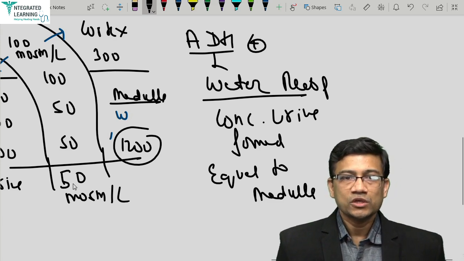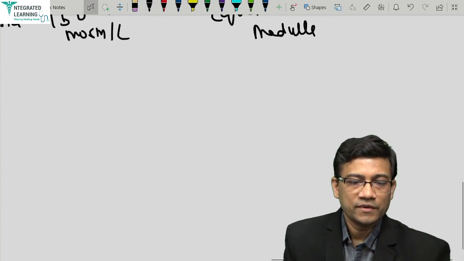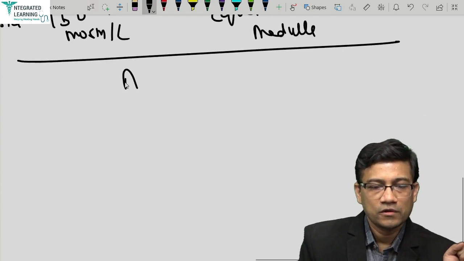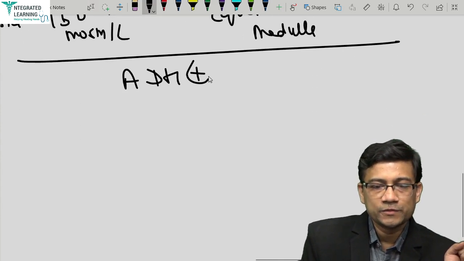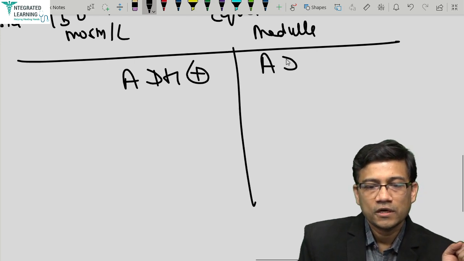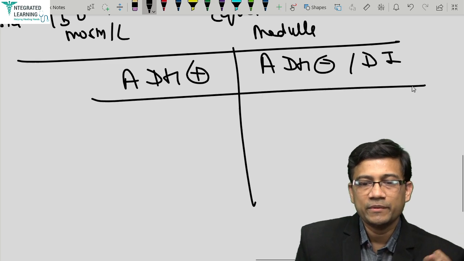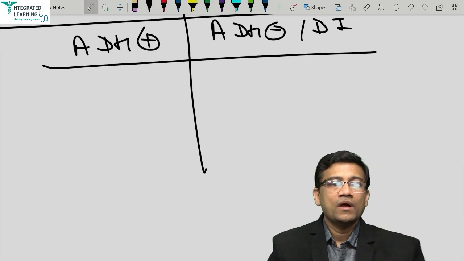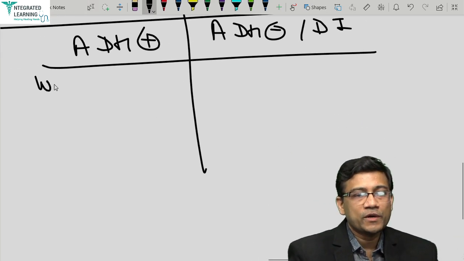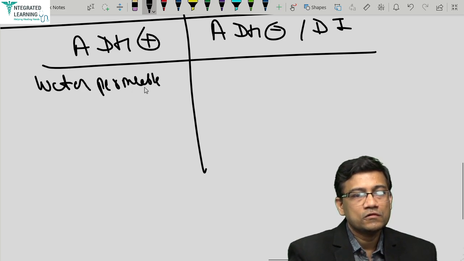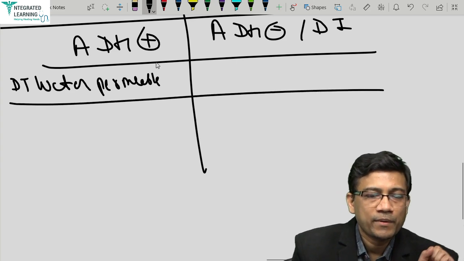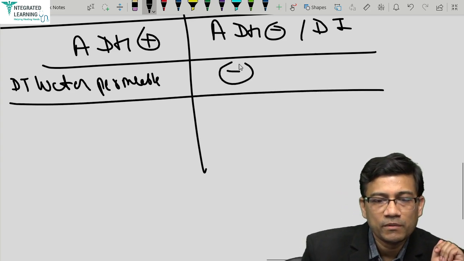Okay. So let's make a table to show this. ADH present, ADH absent, that is diabetes insipidus. Okay. So first it is water permeable, CD. So DT is water permeable, here it is not permeable.